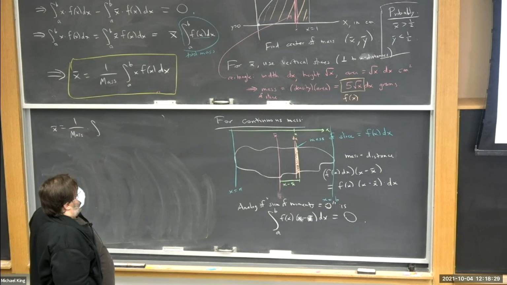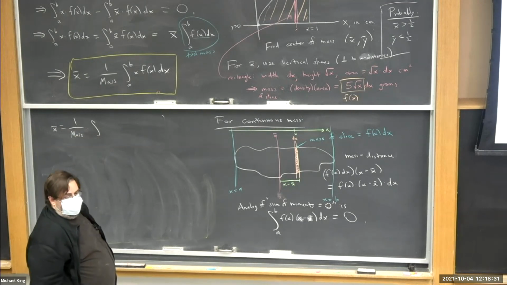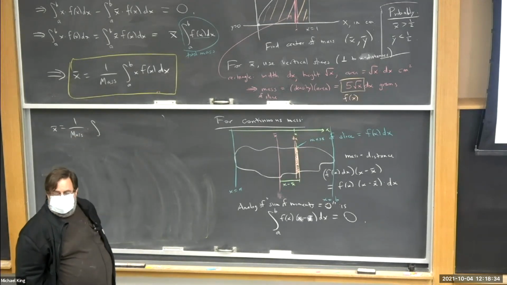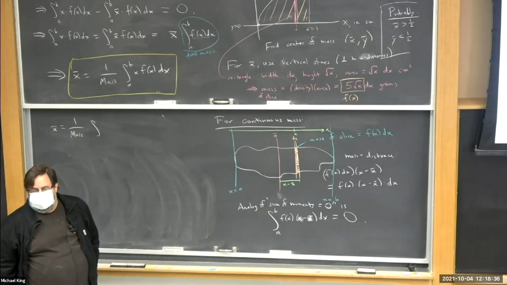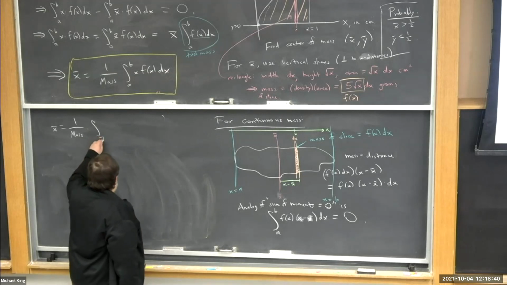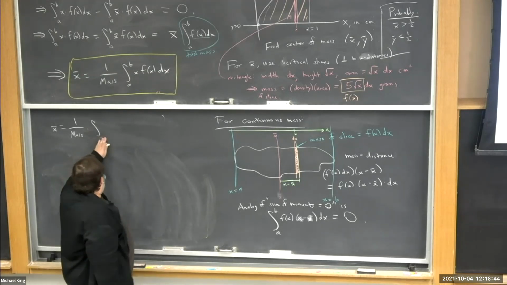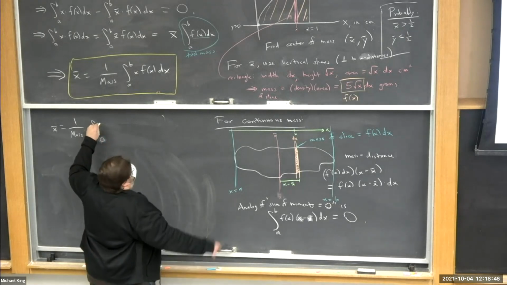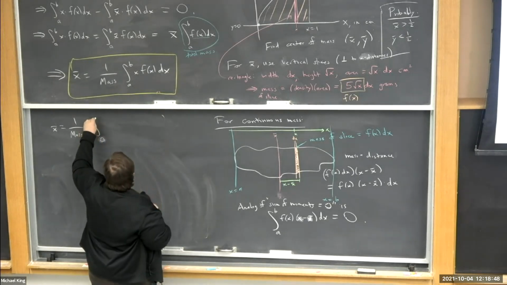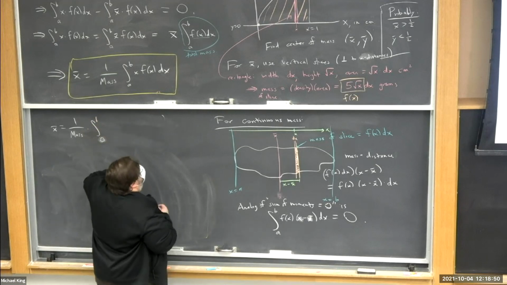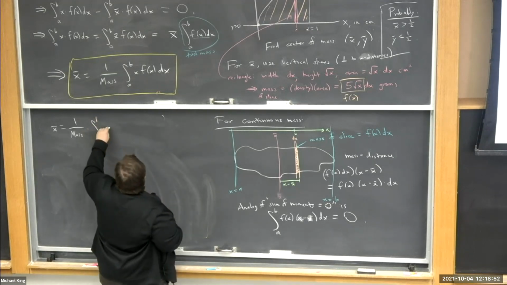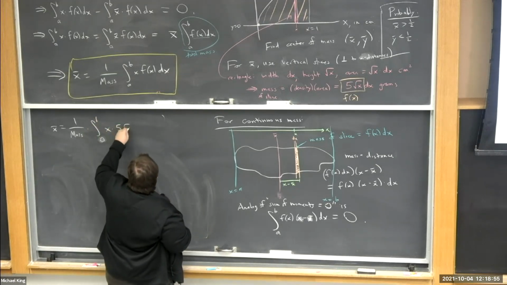What's the leftmost slice? X equals 0. Thank you. The rightmost slice, 1. Okay. And then we do x times 5 root x dx.